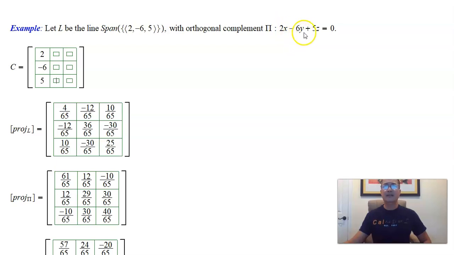Remember we said that if you just make one of the coordinates 0, you can eyeball the other two. If we make z 0, x can be 3, so 3 times 2 will be 6. I want a minus 6, so y can be 1. 6 minus 6 plus 0, you get 0. What about another vector?